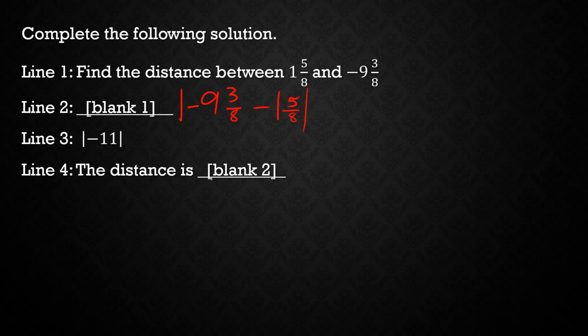For line 4, blank 2 is going to be the actual distance between the points, so it wants you to type this into a calculator and figure it out. However, it kind of already did that for us with this minus 11, and this absolute value sign always makes the number positive, so the distance between these two fractions is going to be positive 11.